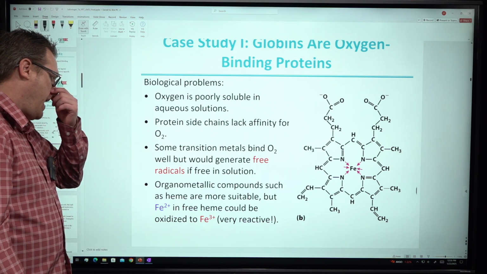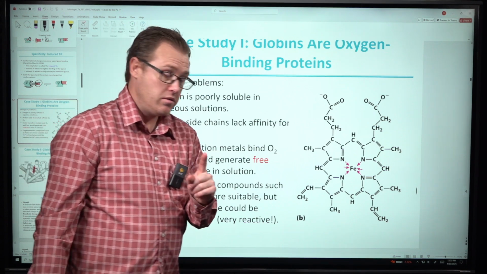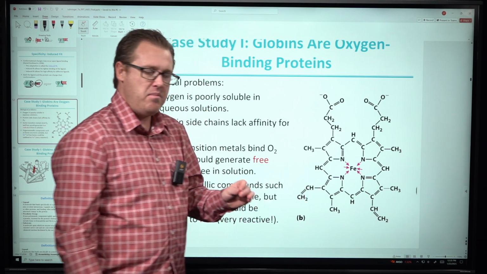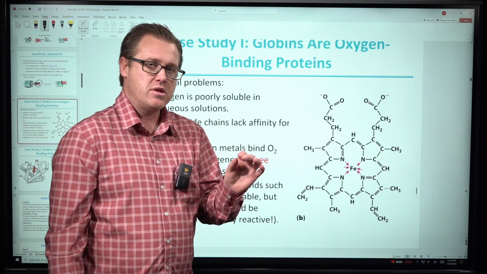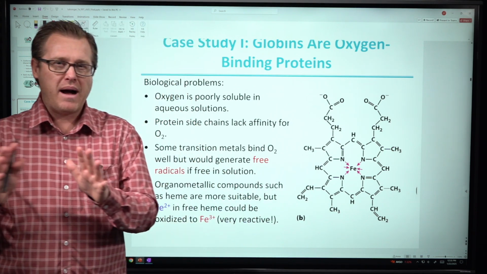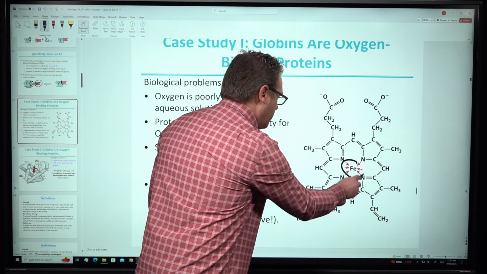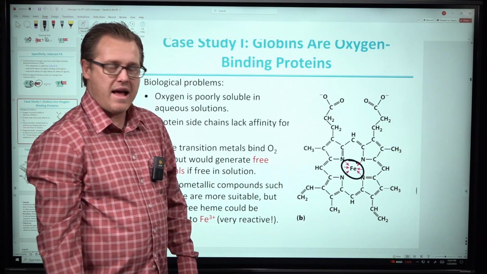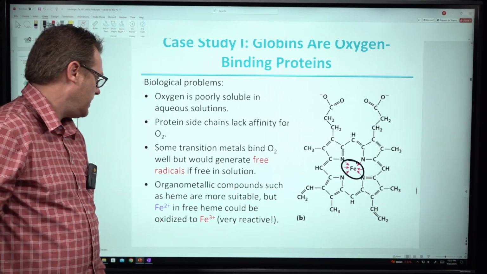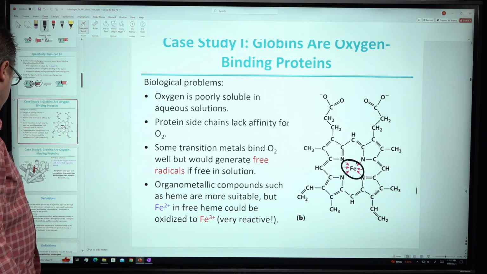Okay, so the best way to do this is have iron in a structure like this that makes the iron still be able to bind oxygen, but is less reactive when it's just all by itself. So when this iron atom is in the center of that molecule there, it reduces the iron's reactivity.